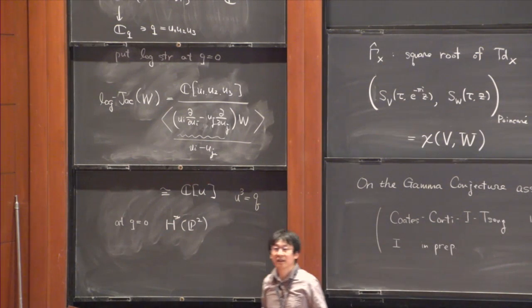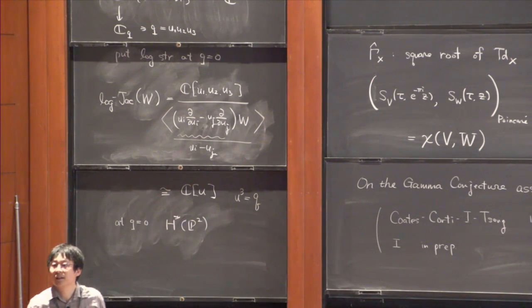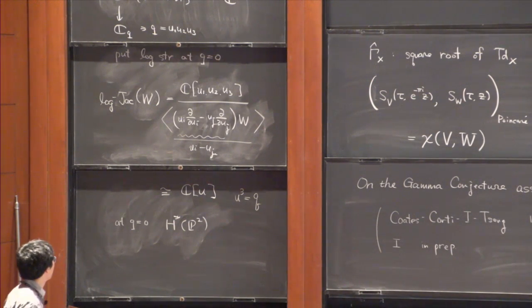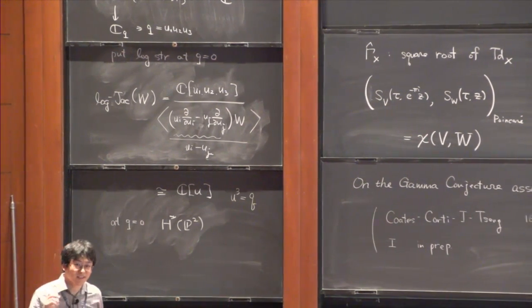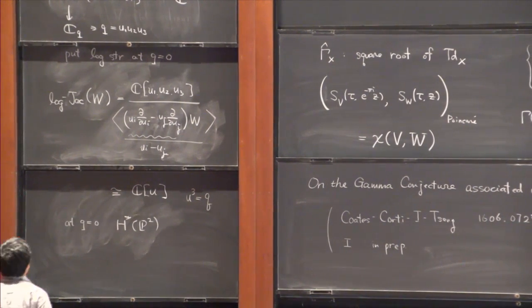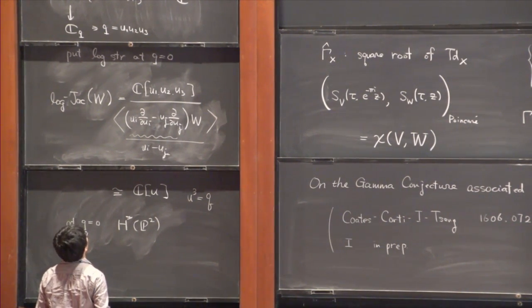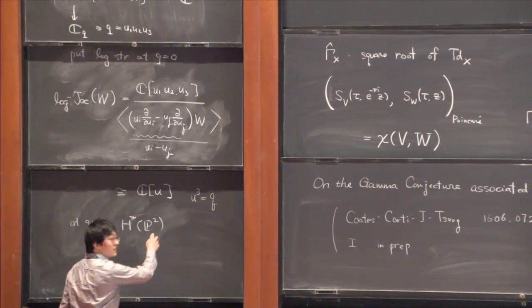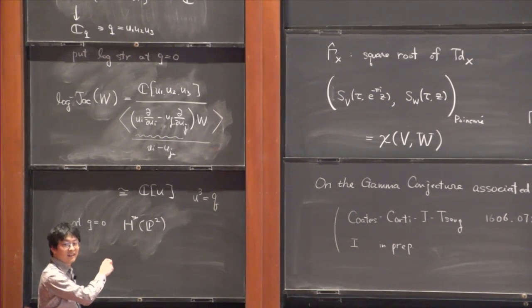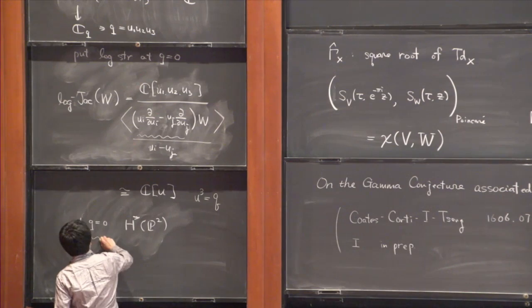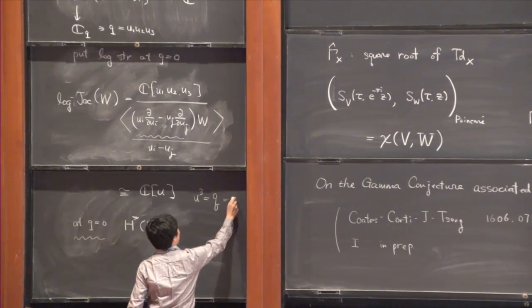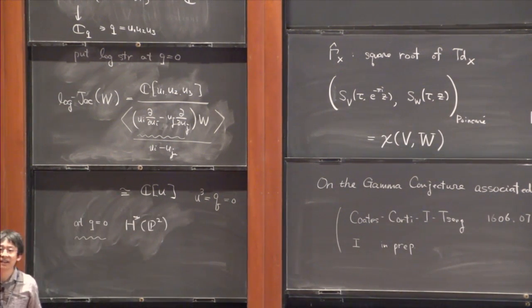Question: is it just isomorphic to C[q] modulo something? It is isomorphic to C[u], because I restrict to q equals 0, so q is 0, and there are no other relations.